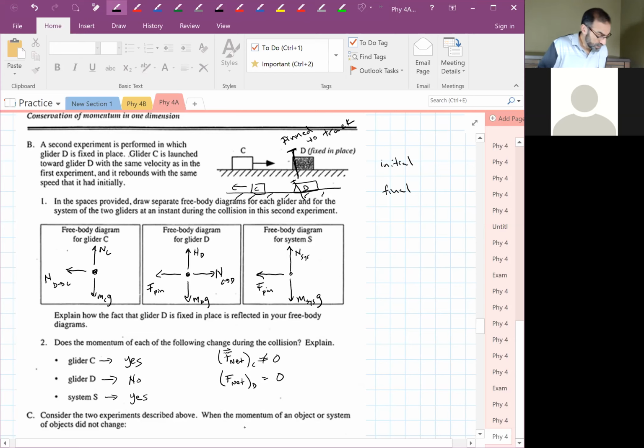And the net force on the system is not zero.